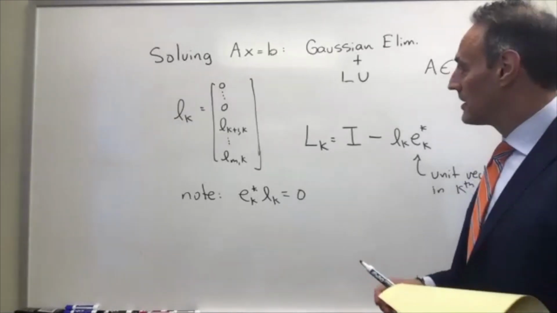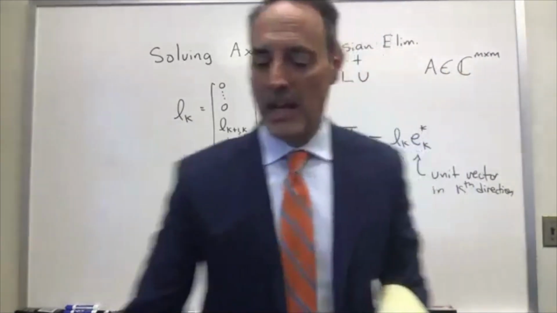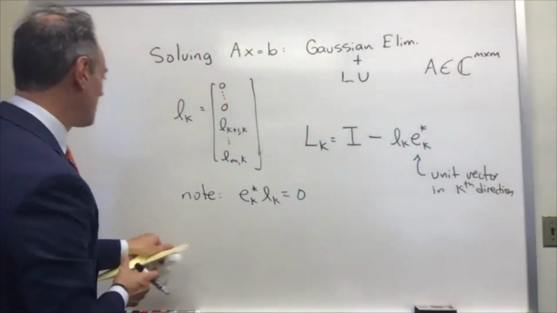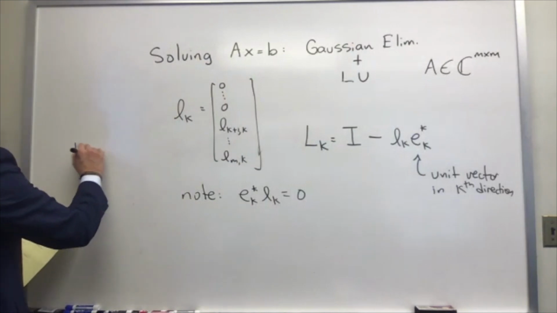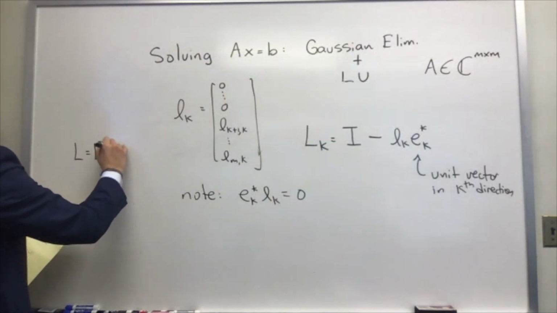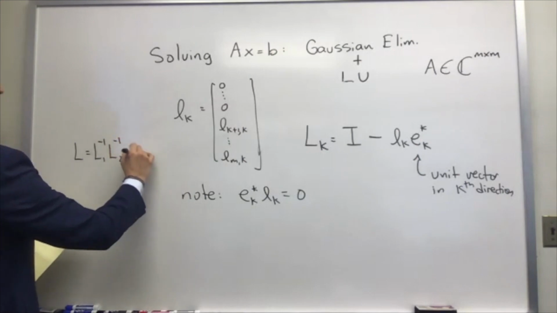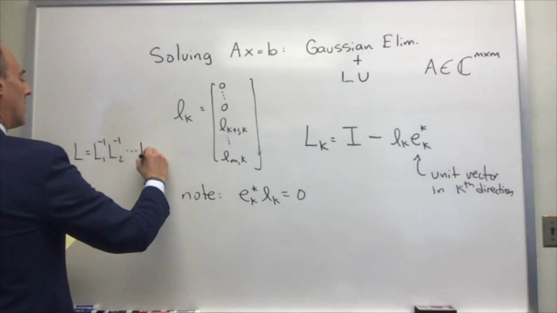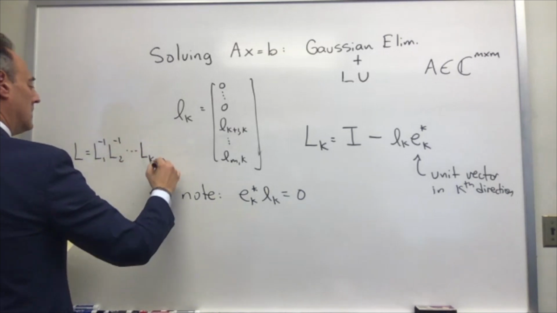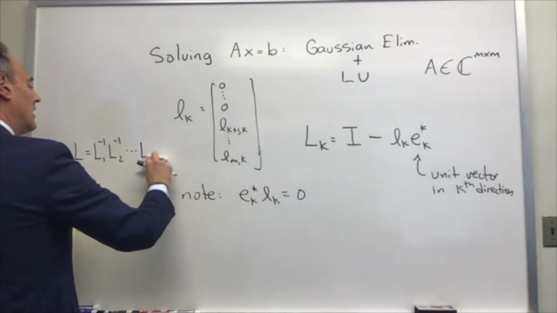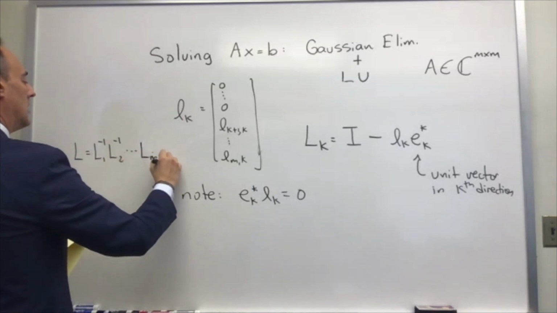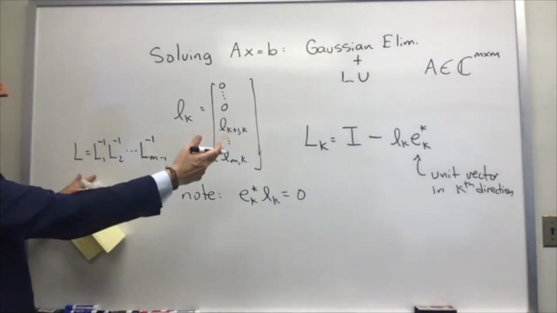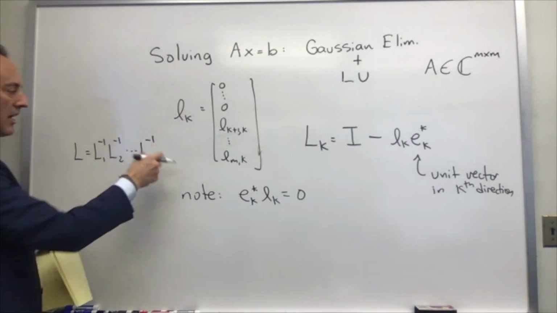Notice when we get these L of k's, there was this issue, which is when I'm going to compute L, it is L1 inverse, L2 inverse, all the way to L of m minus 1 inverse. So this is supposed to be my lower triangular matrix, but I have the L of k's, and after I get them, I've got to compute the inverses.